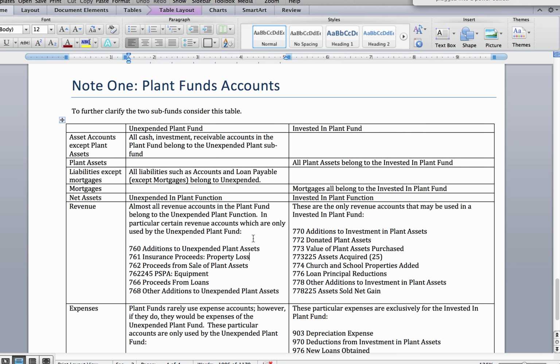Those accounts are only used in the entire chart of accounts by the unexpended plant fund. They're not used by the operating fund, and they're not used by the investment in plant fund.